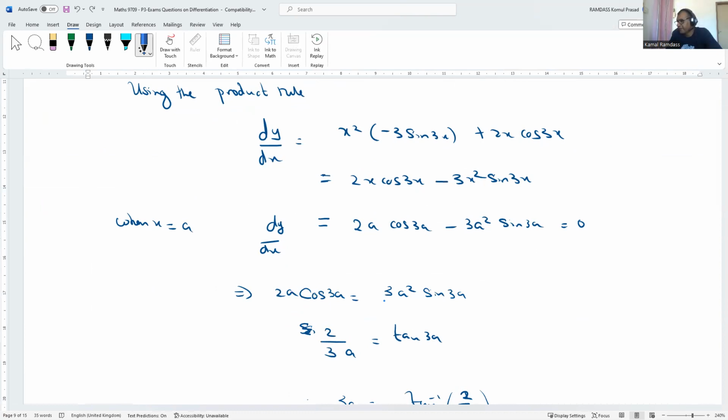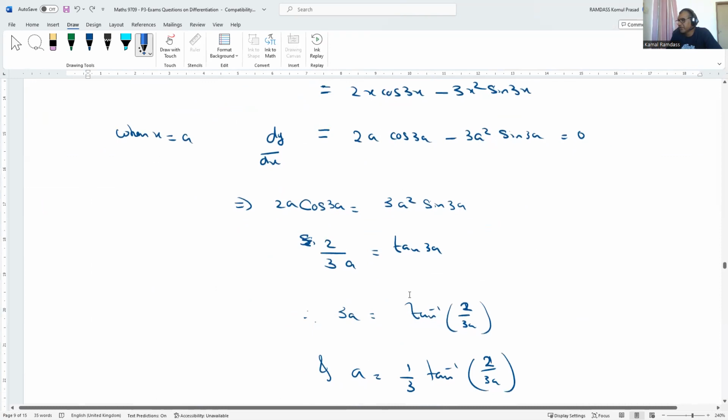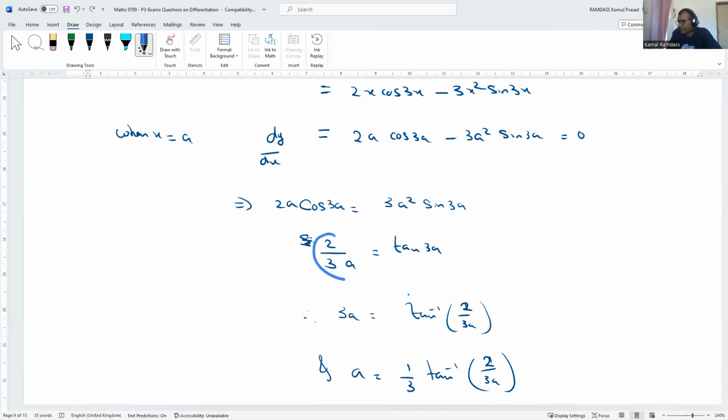Dividing here, sin 3A divided by cos 3A gives tan 3A is equal to 2 over 3A. And what do we do with 3A? We take tan inverse: tan inverse of this is equal to 3A.